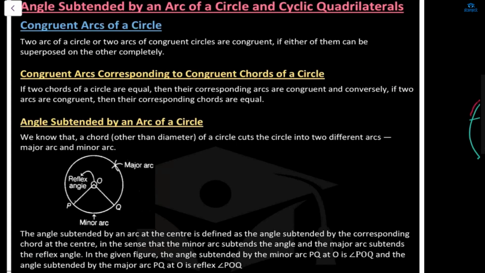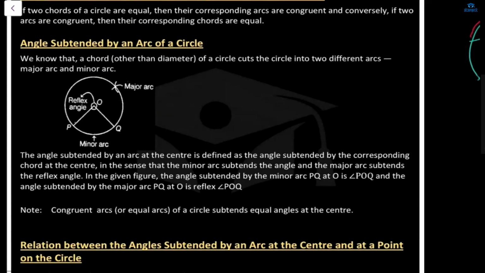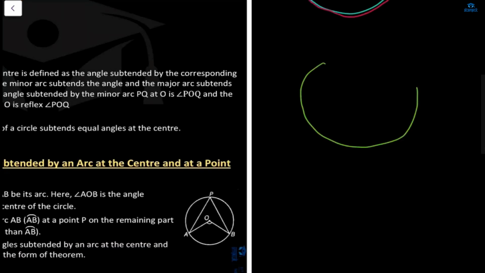Now, angle subtended by an arc of a circle. What is the angle that the arc subtends at the center? First of all, you understand this: if this is a circle, then this is your arc. The smaller one is called the minor arc and this one is called the major arc.